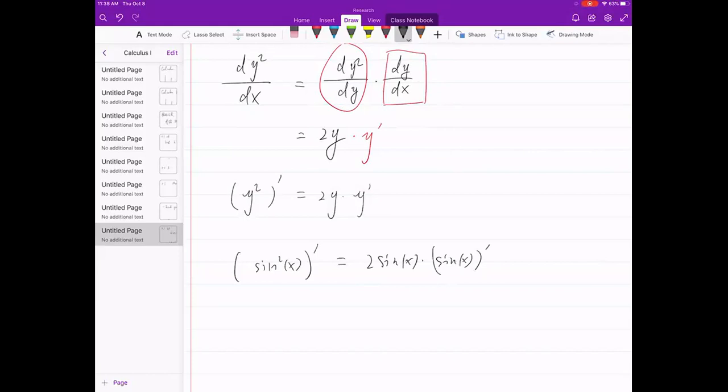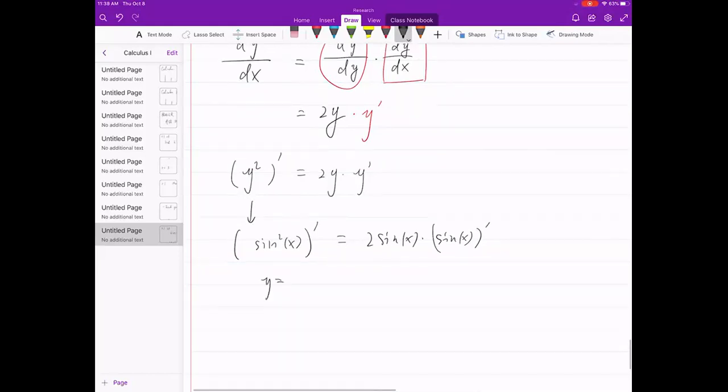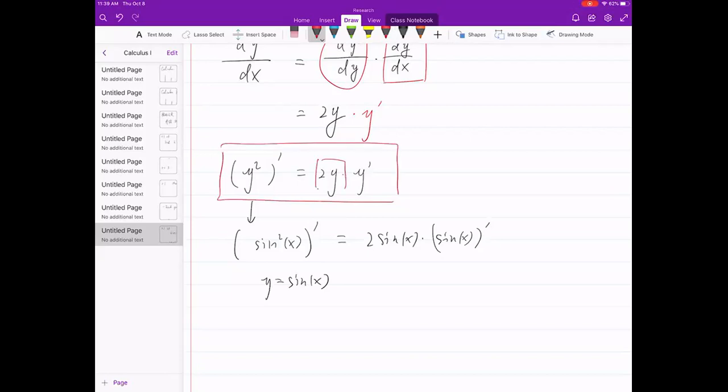Still okay? So this is exactly the same process, except in this case, you know y is sine x. In this case, you don't know the formula of y because it's implicit. Still okay? But the rule should still work though. So if you have some function, you do the square, you do the first part, and then you times this.